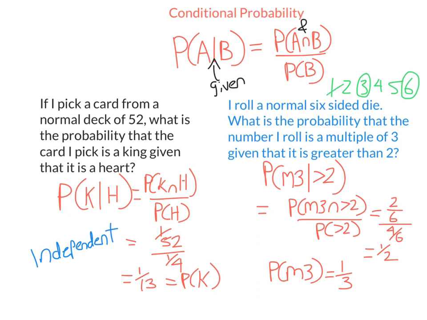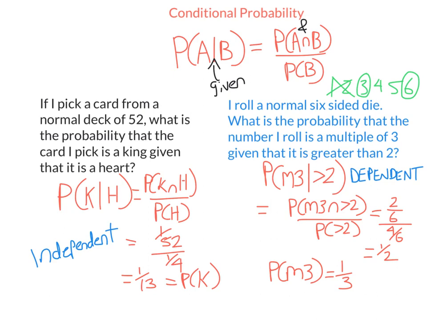But if I get rid of these 2 by telling you that the number is greater than 2, you can see now it's 2 over 4. Now there's a greater chance of rolling a multiple of 3. So here, this event happening, the number being greater than 2, actually did affect the probability that the number was a multiple of 3. So in this case, we say the events are not independent, or they are dependent, because the outcome of one affected the chances of the other happening.